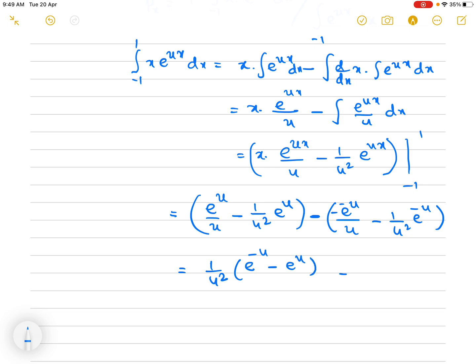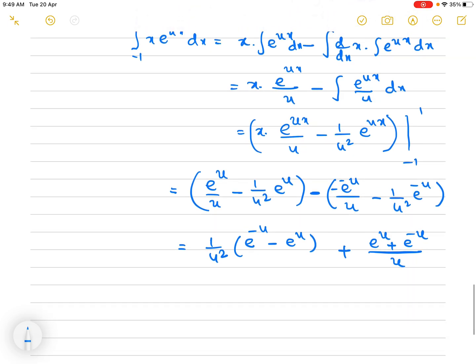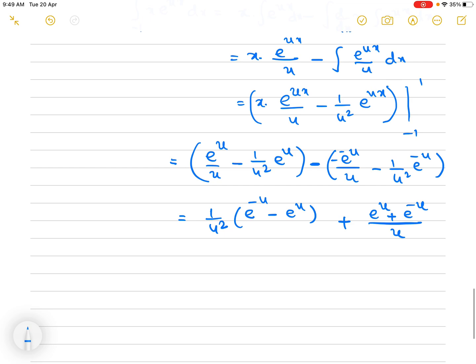This is the numerator value, and then we work out the denominator. Integral minus 1 to 1 e power ux dx is e power ux by u from minus 1 to 1, which is e power u minus e power minus u by u.